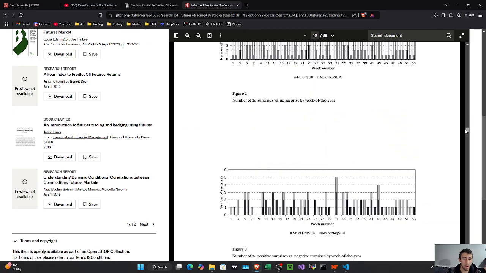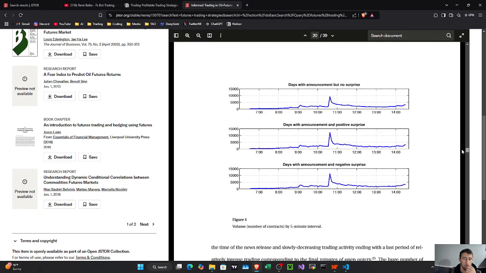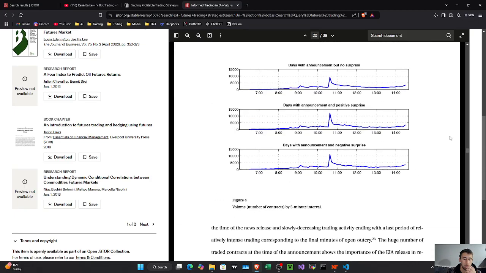So yeah, I tested it and I found very small gains. Here we have days with announcement but no surprise, days with announcement and a positive surprise, days with announcement and a negative surprise. You can kind of see how the price moves on average.